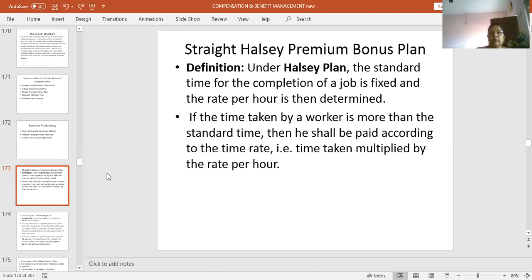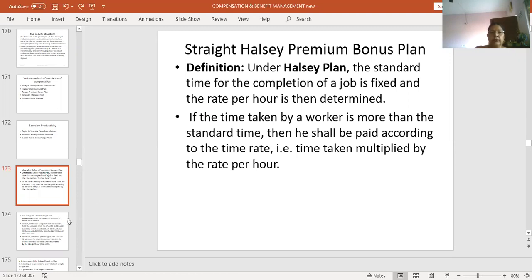Suppose a worker is supposed to complete a job in 8 hours, that is the standard time, but he takes 9 hours, then he will be paid the standard wages plus the extra time he took into the rate per hour. Like that, it will be calculated in straight Halsey premium bonus plan.